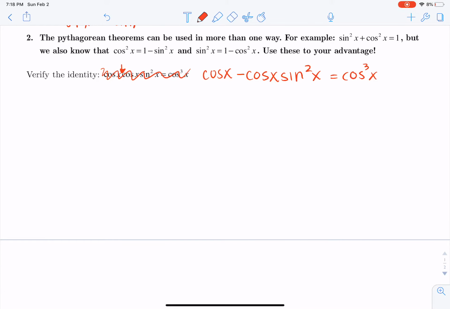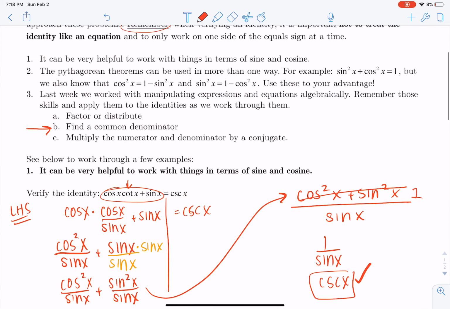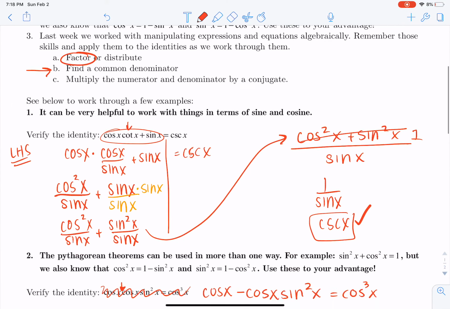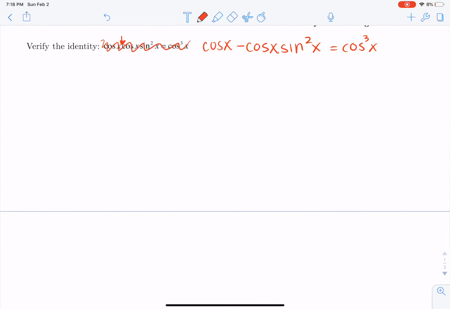And I'm going to start with another trick from number 3 up here. I'm going to start by factoring. So I can see that both of these terms have cosine x in them. So I am going to start by factoring out a cosine x, and I'm left with 1 minus sine squared x.